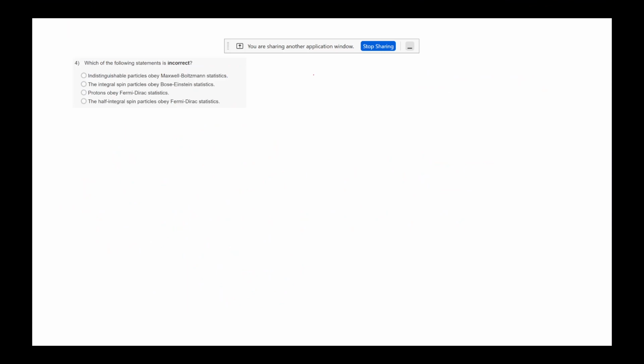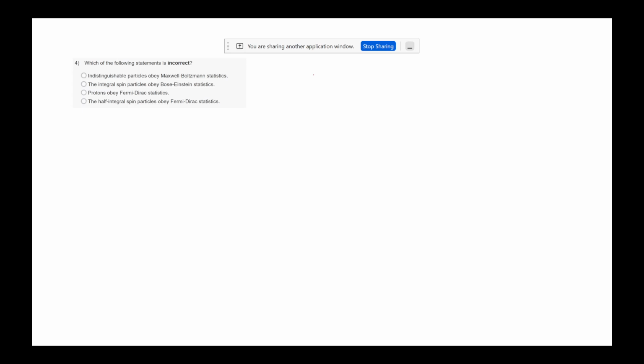The next problem says, which of the following statements is incorrect? Here two or more than one can be incorrect. Okay, the first thing says, indistinguishable particles obey Maxwell-Boltzmann statistics. This is wrong, right?